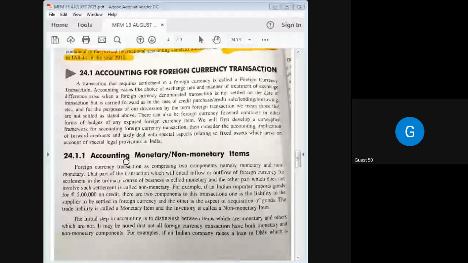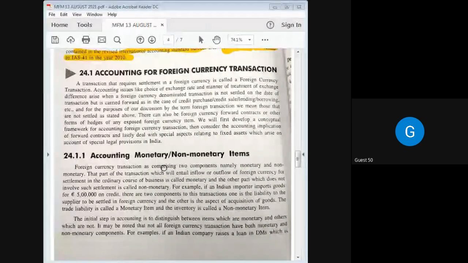Regarding the monetary and non-monetary items, we should know what the accounting of monetary items is and what the accounting of non-monetary items is. A foreign currency transaction has two components, monetary and non-monetary.